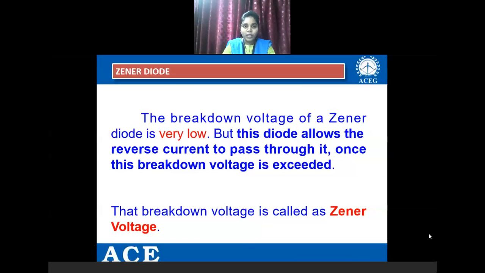Now what about PN junction diode? Our PN junction diode is lightly doped and depletion width is more compared to our Zener diode. This is the main difference. This is why we are calling Zener a special type of diode.